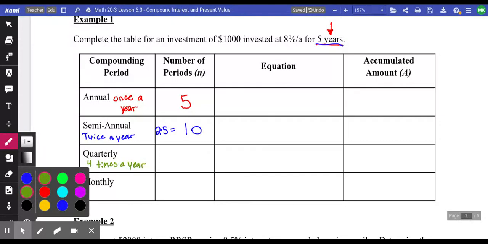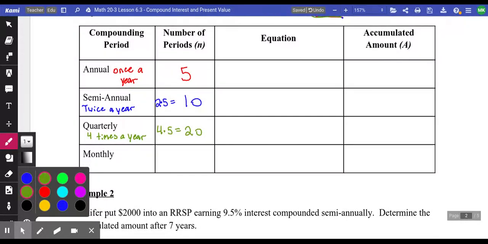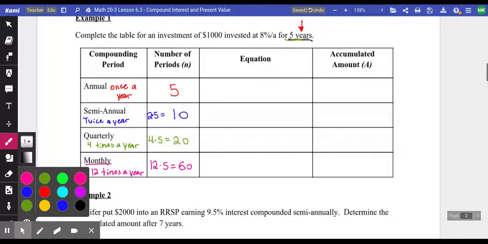If we're getting charged 4 times a year for 5 years, 4 times 5 would be 20 times you're being charged interest. And the last one is monthly. If you're getting charged monthly, that's 12 times a year. 12 times 5 gives me 60 total times they're charging us interest.